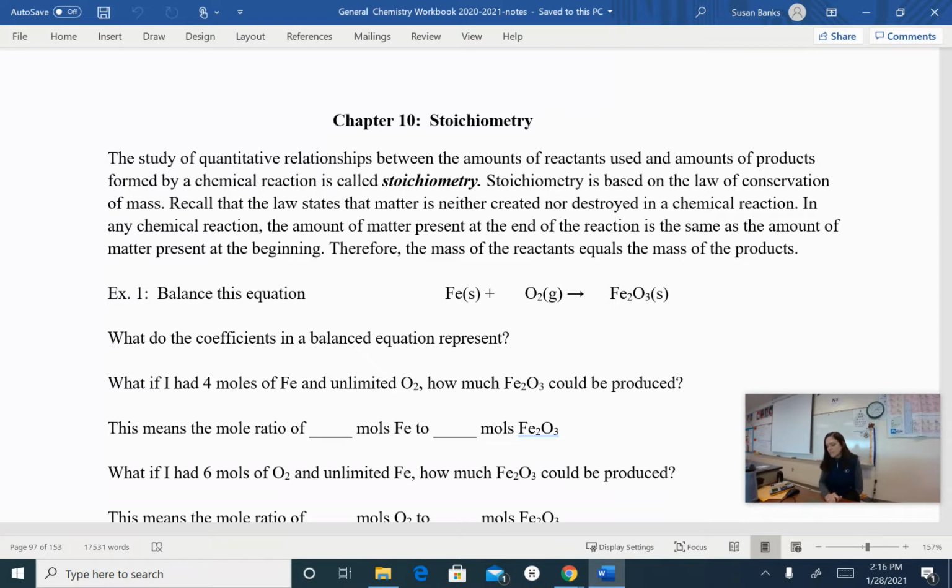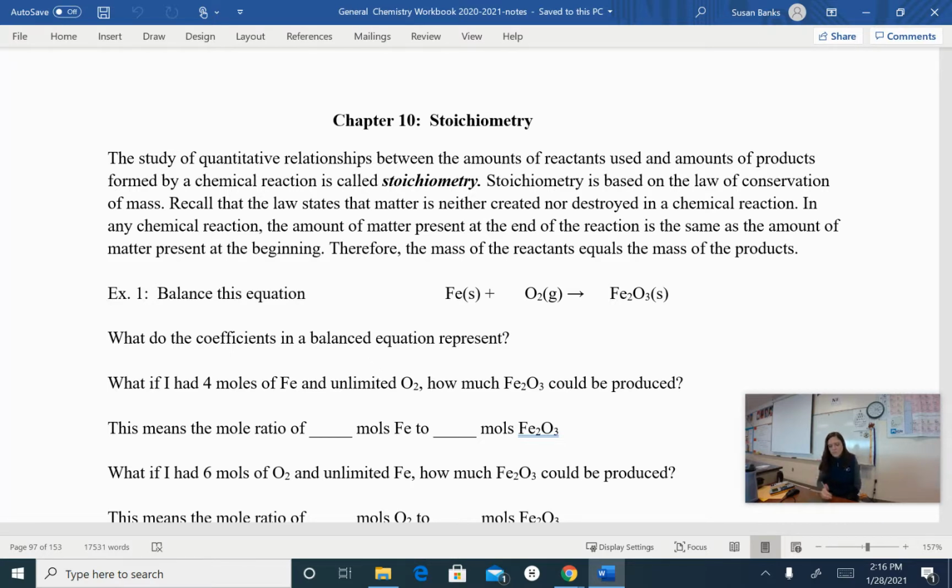So basically, if I start off with 20 grams of this, how many grams of that will I make in a chemical reaction? So we're using the mass to mole conversions as well as the balanced chemical reaction ratios to do all of this. And let's see how this goes.